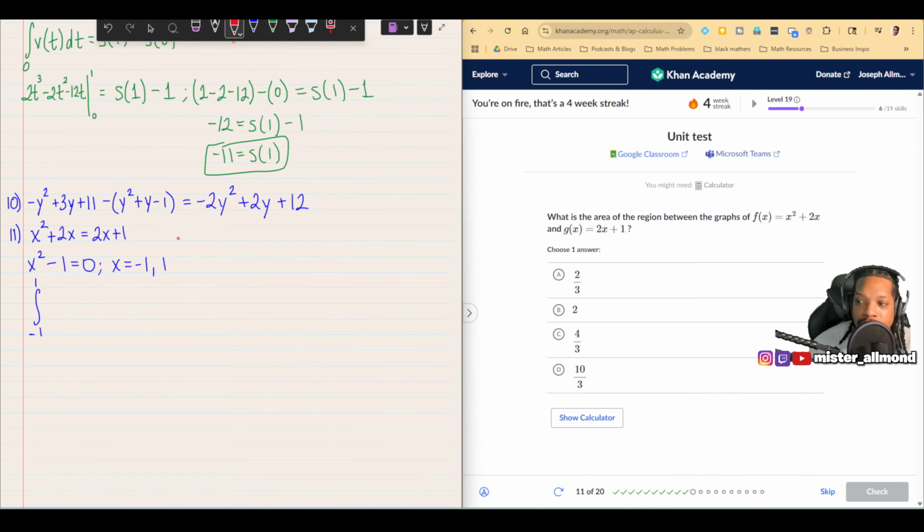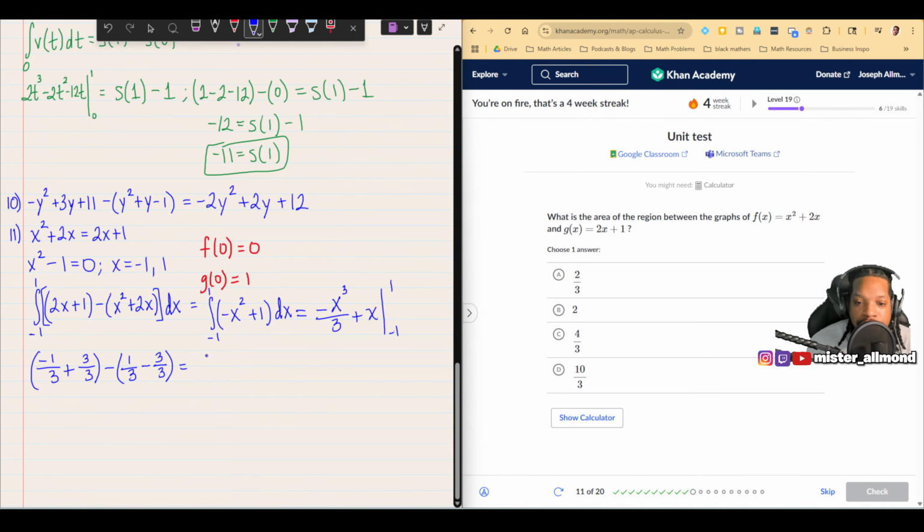All right, so this is 2 over 3 minus 1 minus 3 is -2, so minus -2 is the same thing as plus 2. So I am getting an answer choice, 4/3. Am I correct though?